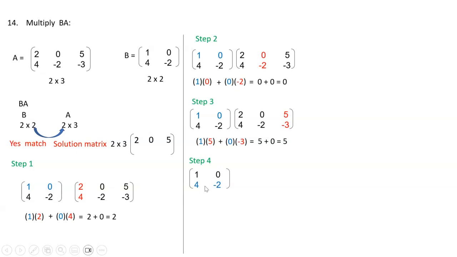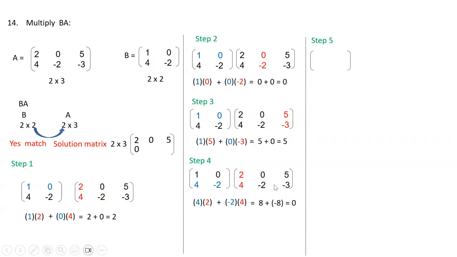Now we repeat the process again, but this time we multiply the second row times every column. Let's start with the first column, which will be in red. So 4 times 2 plus negative 2 times 4. It will give us 8 minus 8, which gives us 0. So the 0 goes on the second row, first column.